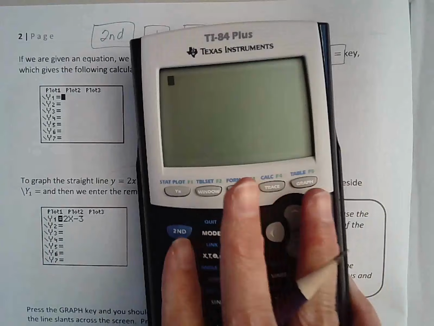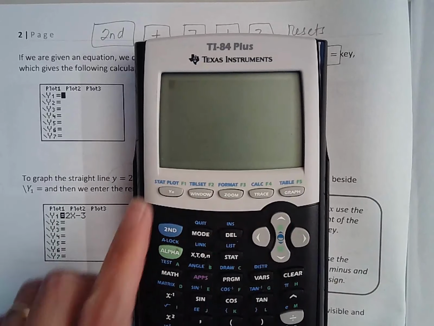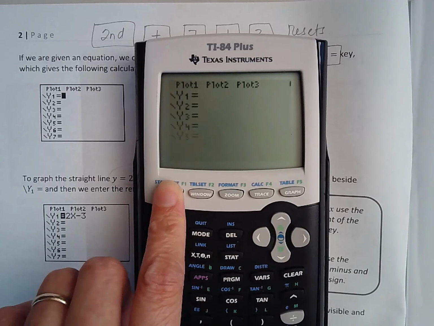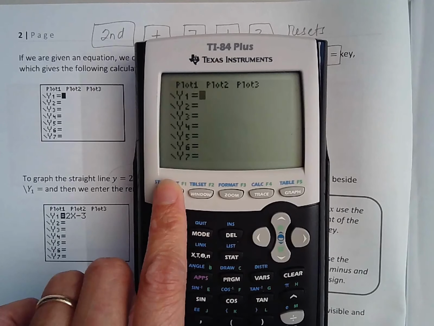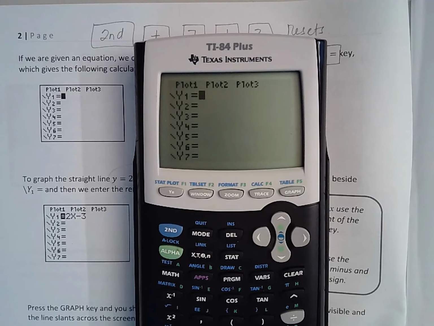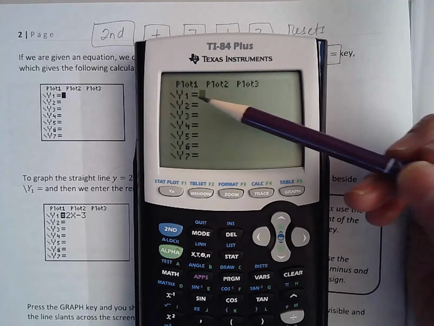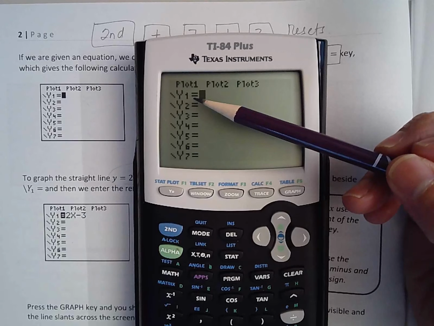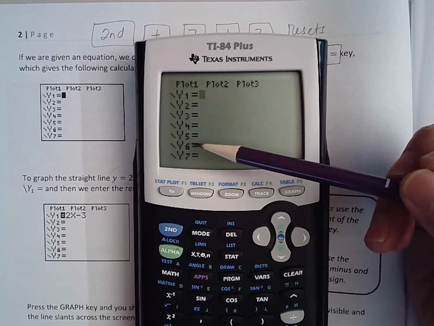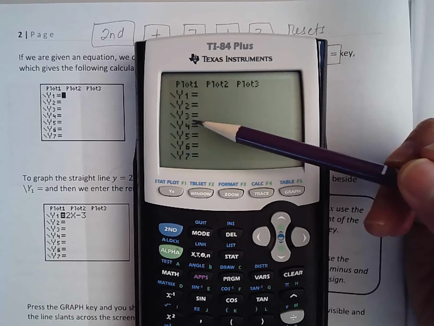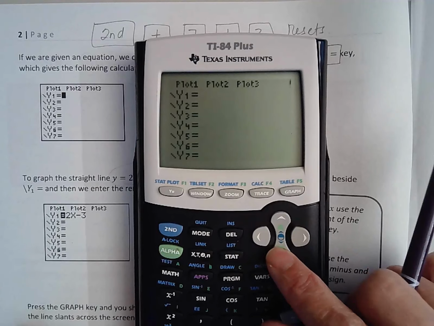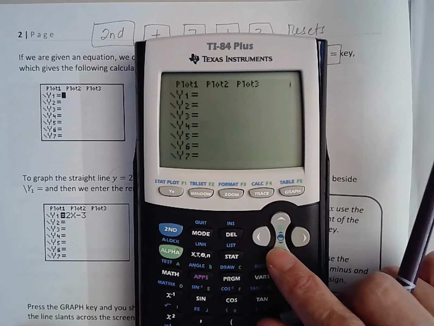Now press Y equals. That gives you this screen, and you could actually type in a lot of functions. You can have up to 7 functions typed in together all at once.